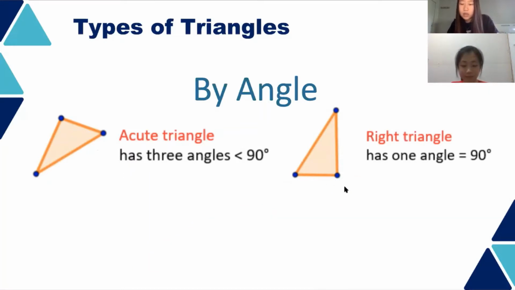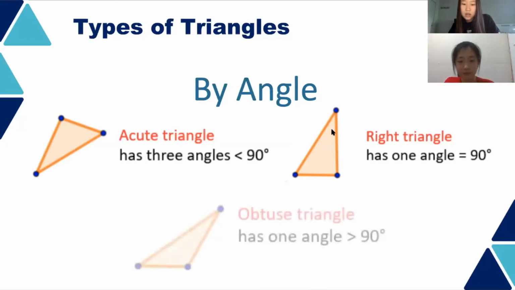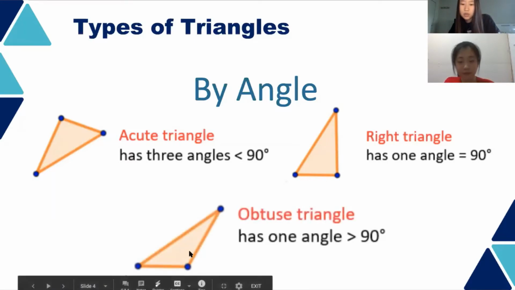That is a right triangle, which has 90 degrees, and the other 2 add up to 90 degrees, and all of them together are 180 degrees inside. And the last one is the obtuse triangle, where the bottom right angle is more than 90 degrees.